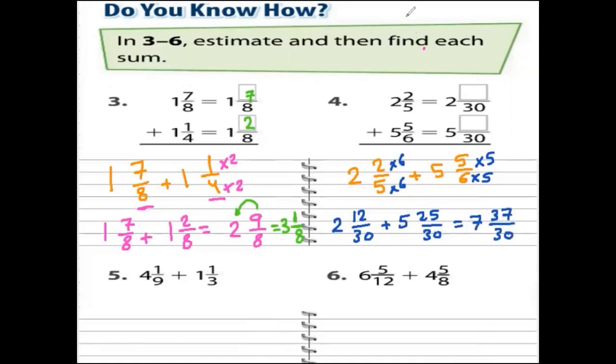So what should I do? The same way exactly. I add 1 here, so 7 plus 1 is 8, then 37 minus 30 gives you 7 over 30. I hope it's clear. You can replace now. This one is going to be 12, and this one is going to be 25, and this is the final answer. We're moving to question 5.